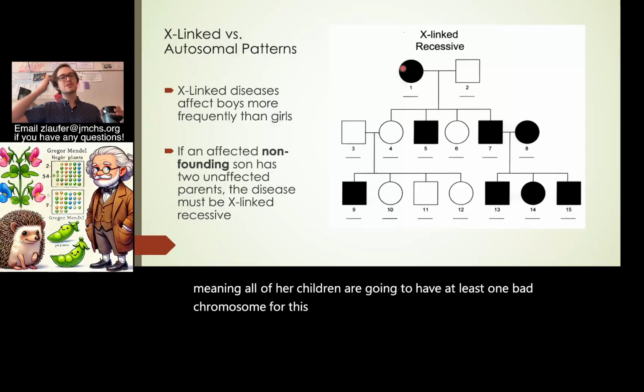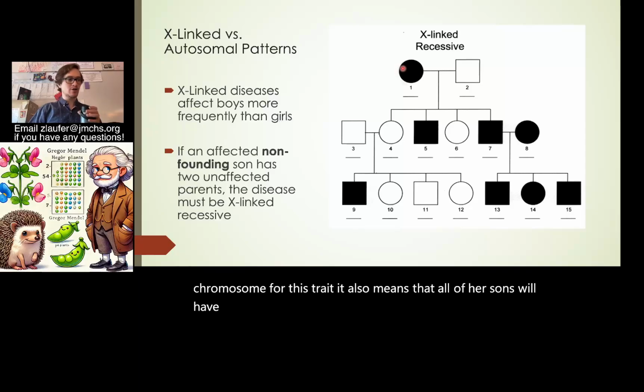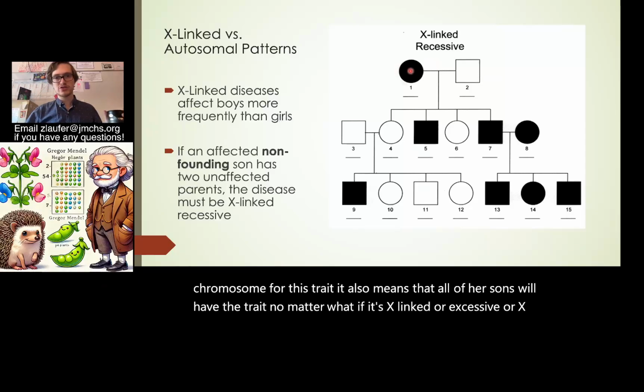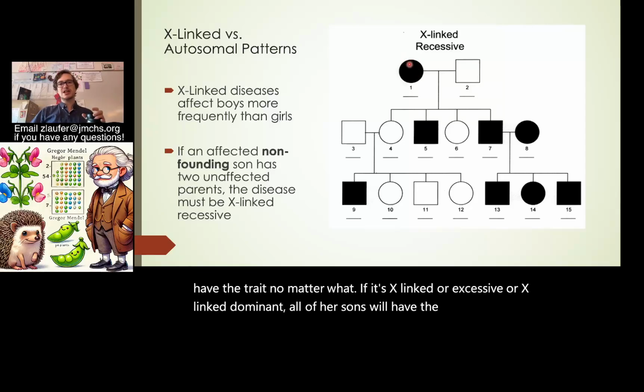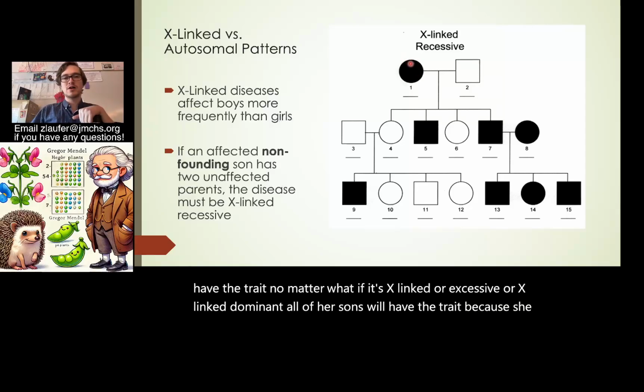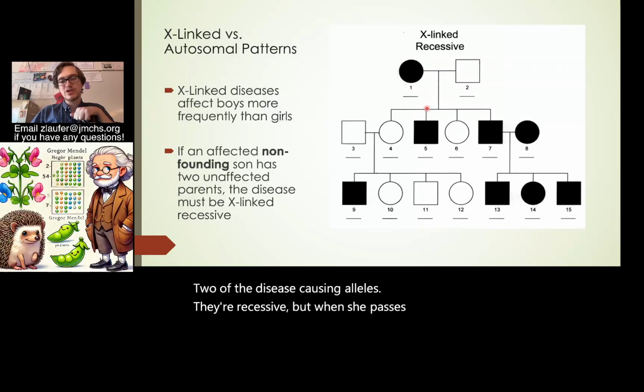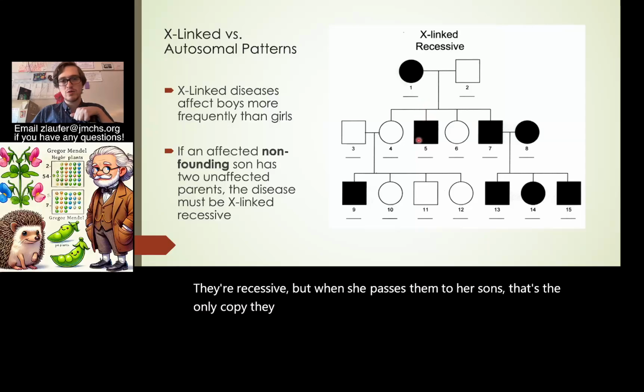It also means that all of her sons will have the trait. No matter what, if it's X-linked recessive or X-linked dominant, all of her sons will have the trait because she has 2 of the disease-causing alleles. They're recessive, but when she passes them to her sons, that's the only copy they get. So they will always have the trait.